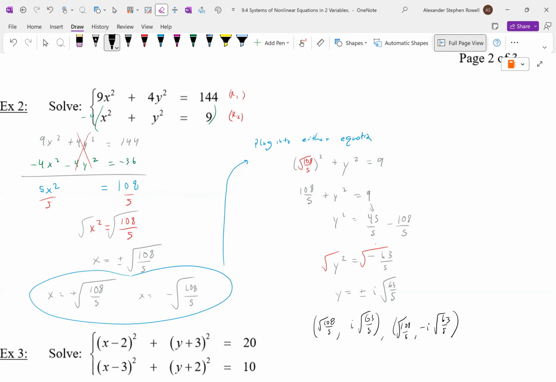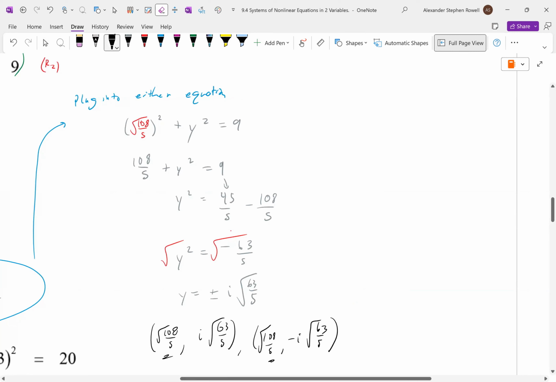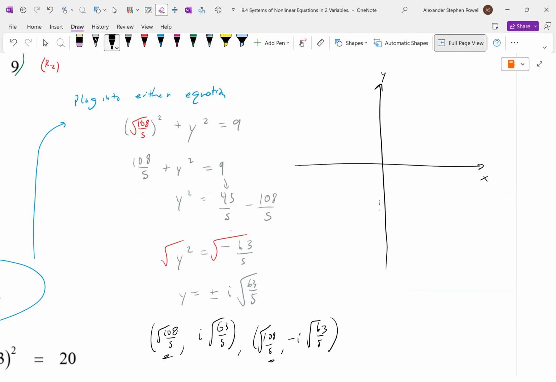Does anyone see the problem here? What's that? We do. We just write it next to the same x value. Let's say I graphed it. Where do I put this ordered pair? This is the problem here. It doesn't exist because this is a real axis, real number, and this is a real number.